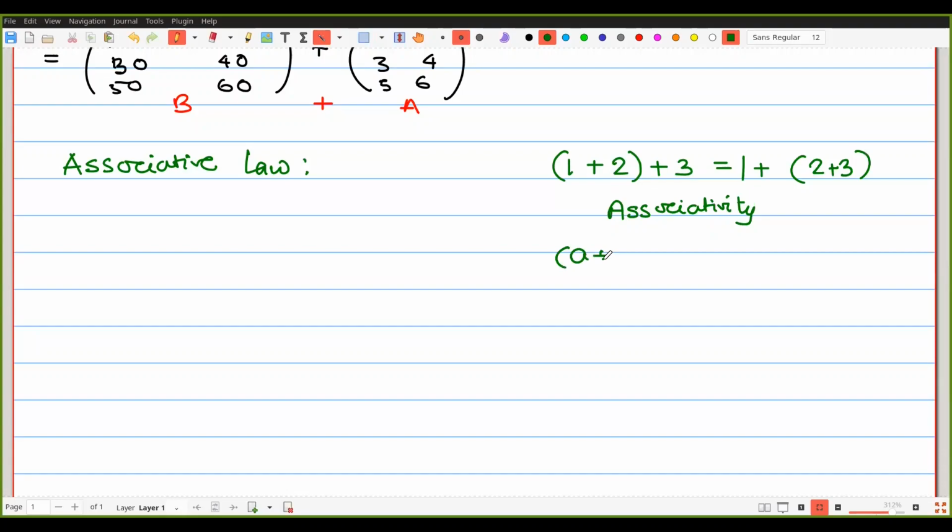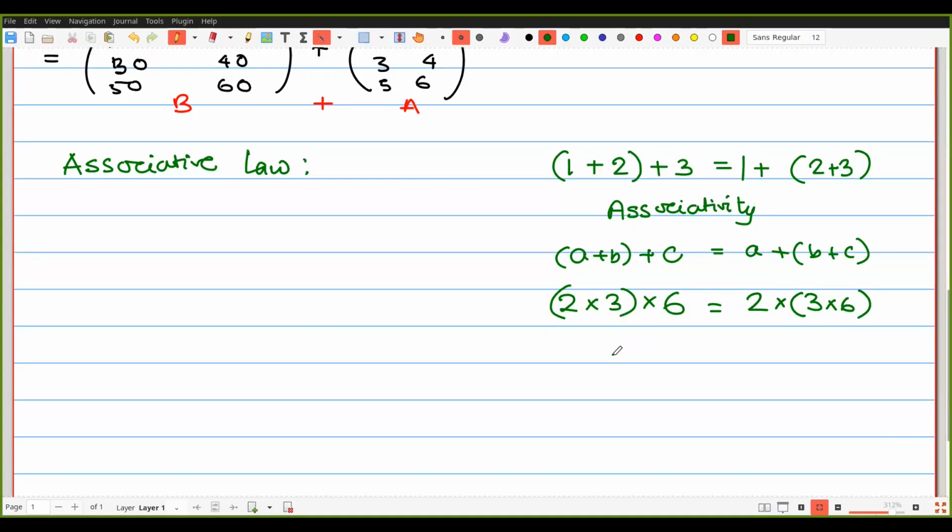That means A plus B plus C is also B plus C plus A. The same holds if we proceed with multiplication of real numbers: 2 cross 3 with 6 is equal to 3 cross 6 at first, then with 2.